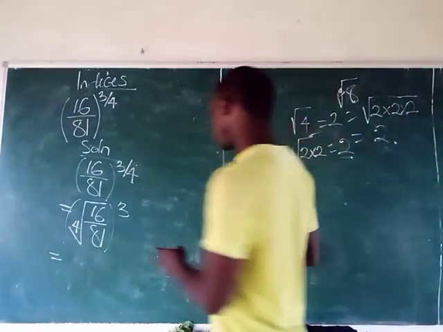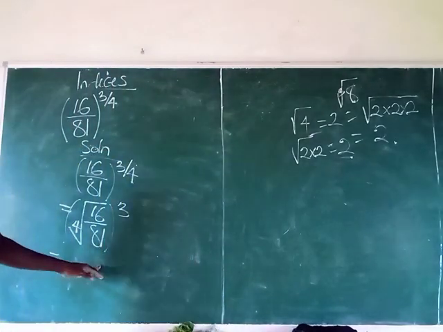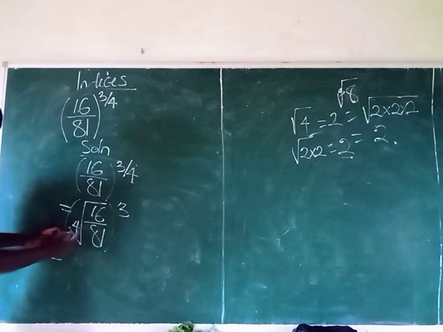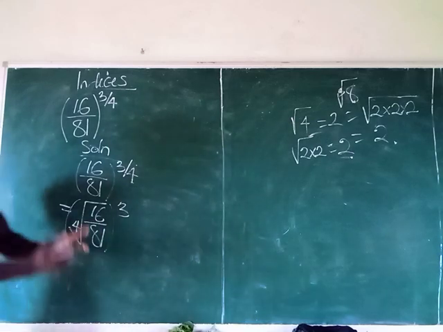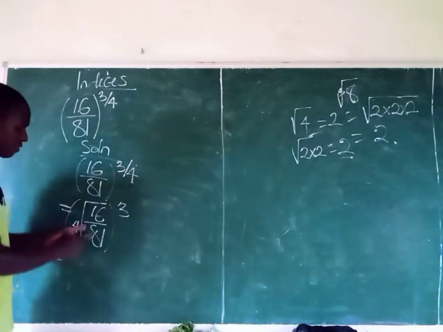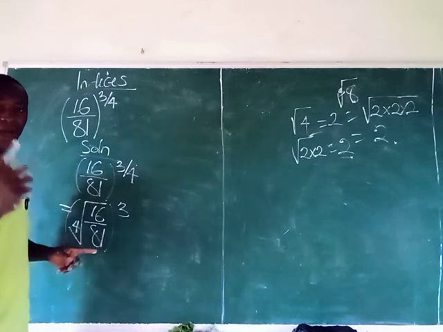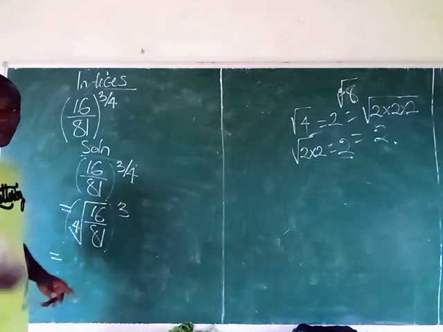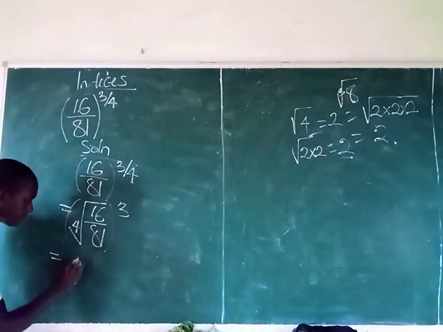So we are going to apply this knowledge here also. Now, they said the fourth root of 16 and the fourth root of 81. That means, what is that number that will multiply itself 4 times to give us 16, and what is that number that will multiply itself 4 times to give us 81?